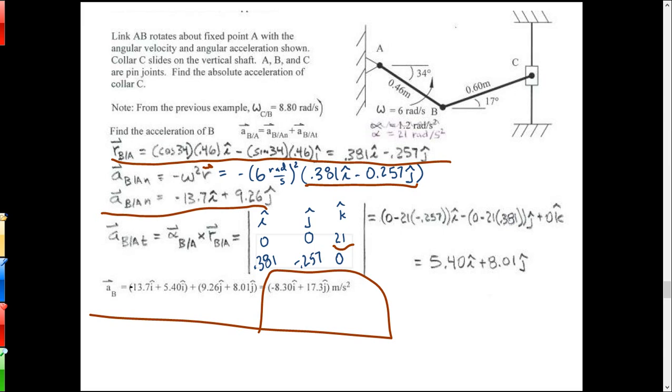And then you're going to do something very similar for the next step, because the acceleration of C with respect to B is caused by a rotation, and rotations have normal and tangential components, okay? So the relative acceleration is done very much like this. It's going to be a negative omega squared r and a cross.